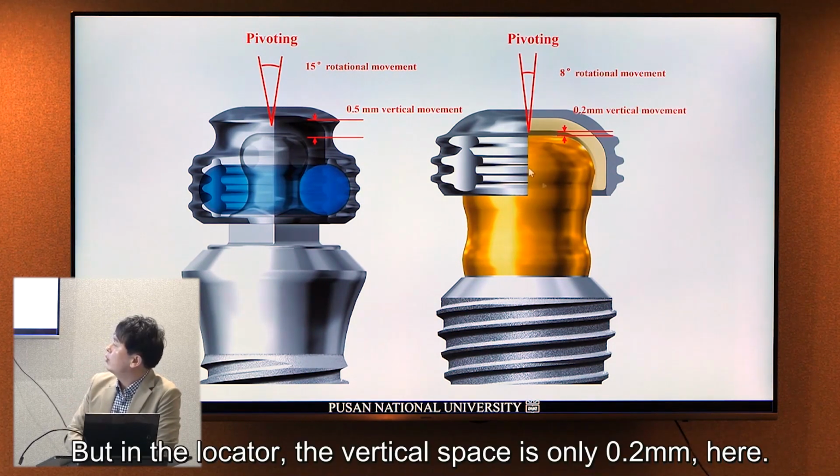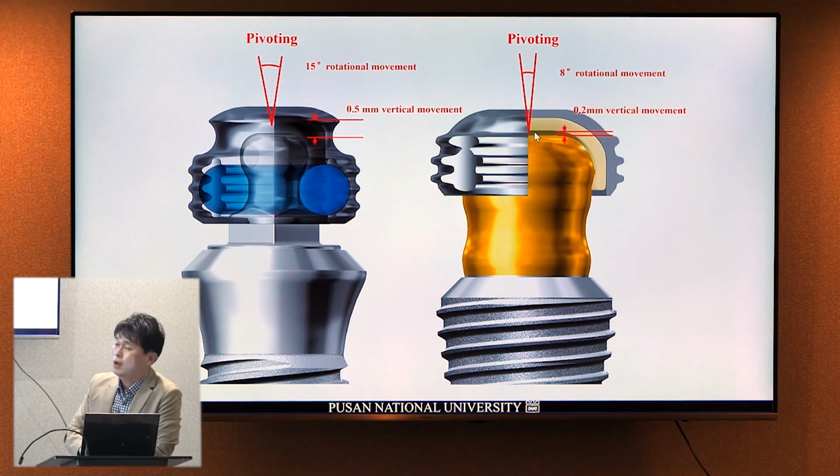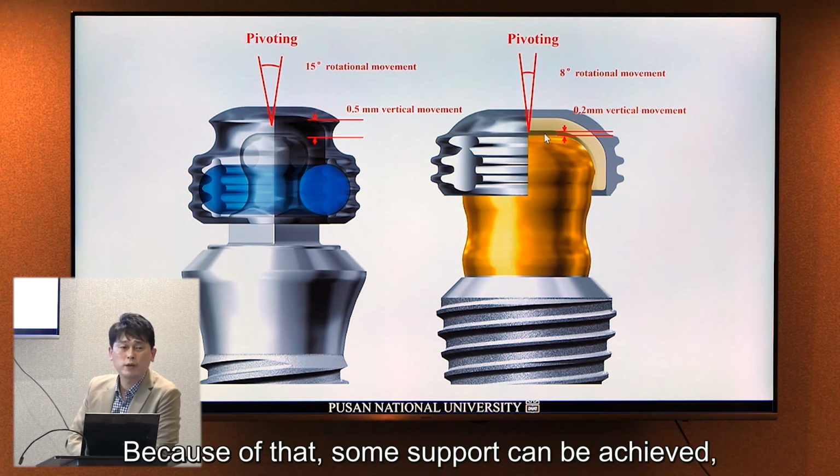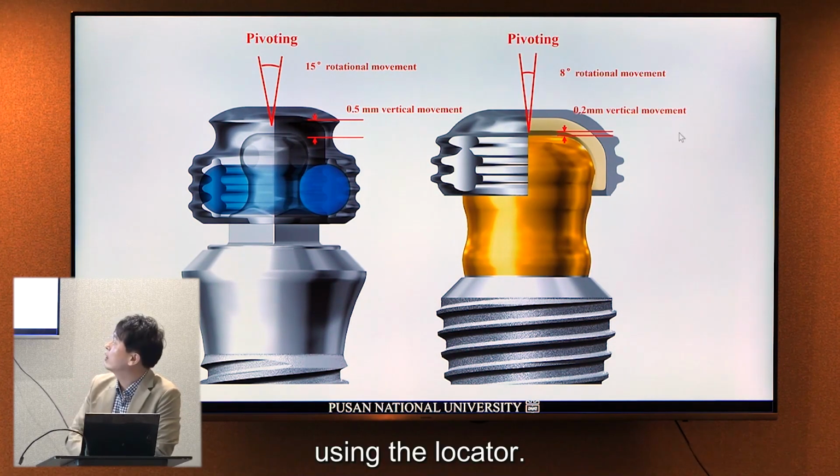But in the locator, the vertical space is only 0.2 millimeter here. So after movement of the soft tissue, the cap and the male part can contact each other. Because of that, some support can be gotten when using the locator.